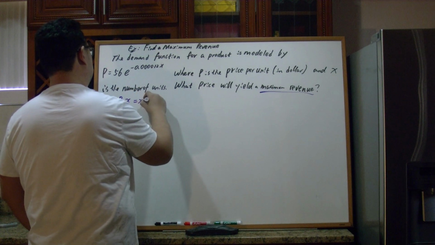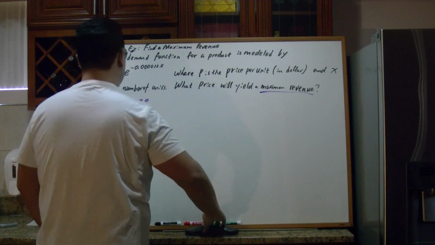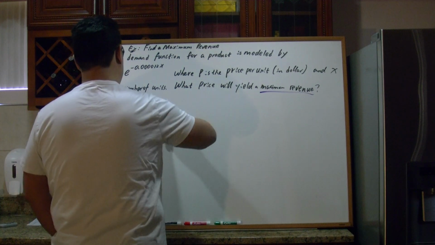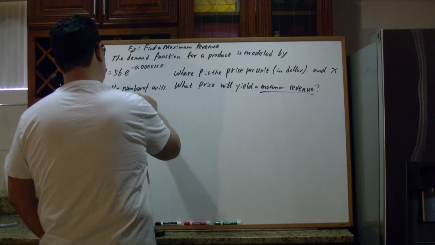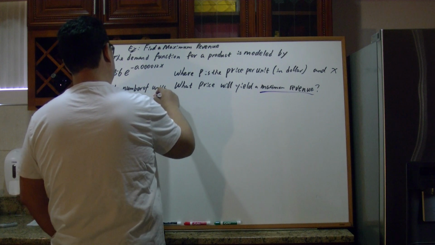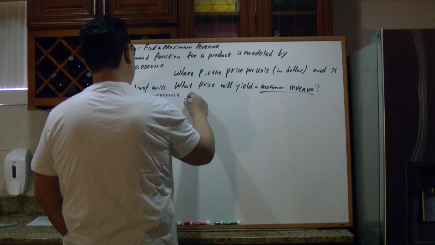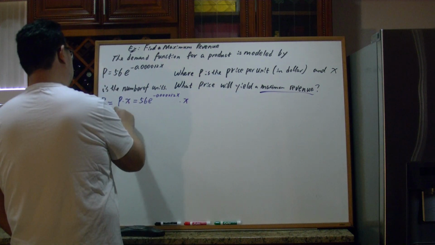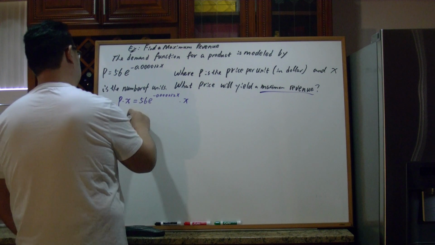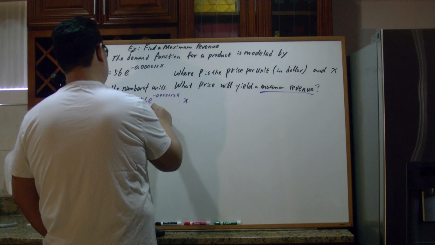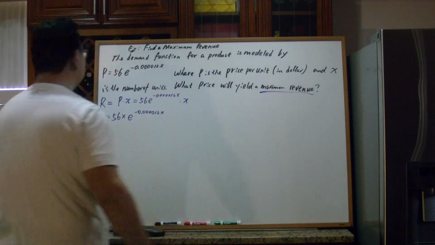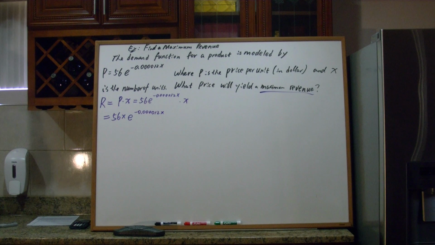That is x times e to the negative, that is the price, or we rewrite it a little bit: 56x e to the negative 0.000012x. Right, so that is the revenue.